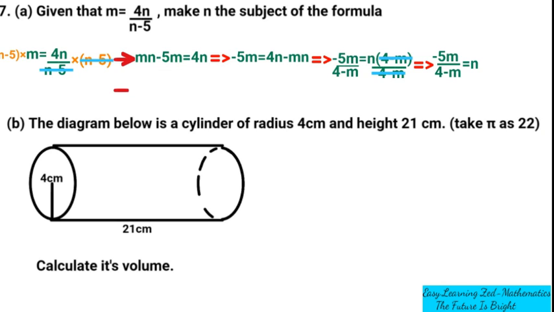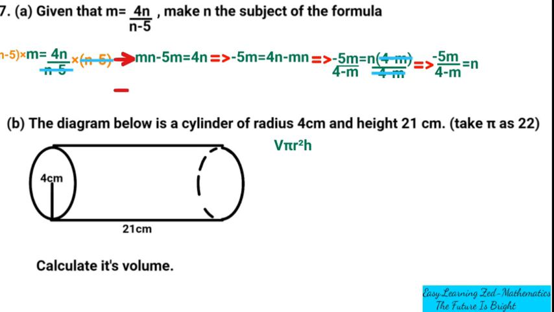We're going to write first the formula for finding the volume of the cylinder, which is V equals pi r squared h. Where I left the equal sign between V and pi, I'm going to put it at the end.